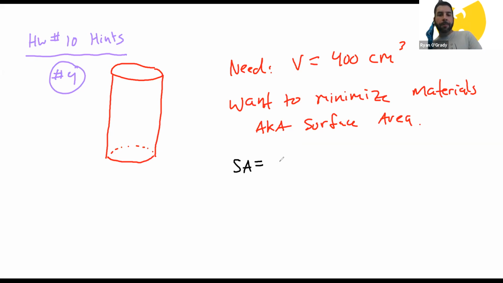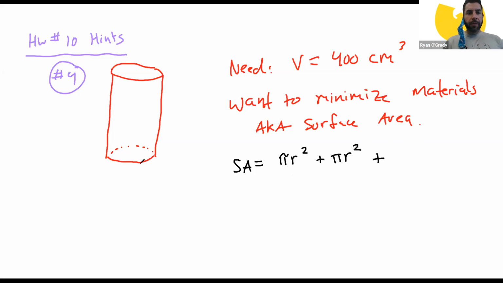And what is it? Well, for those of you who don't know yet, it is pi r squared for the top plus pi r squared for the bottom. And then what are the sides? Well, it's not always clear to us what the sides are, but if I take scissors, think about my cylinder right here.